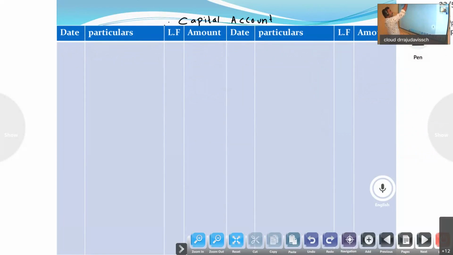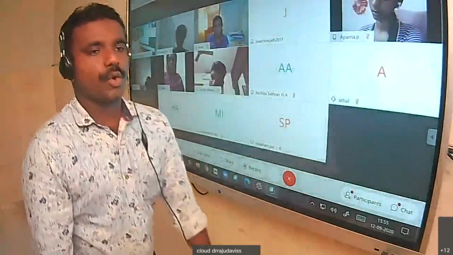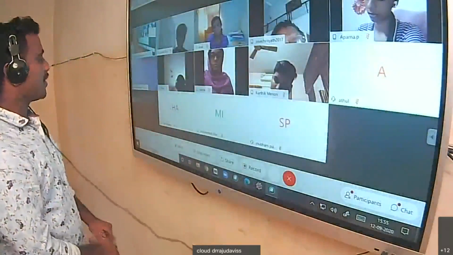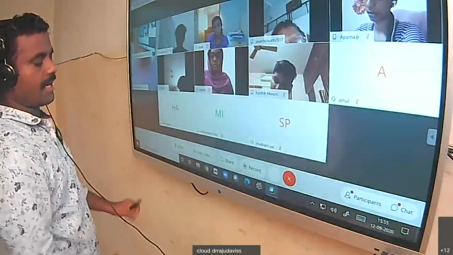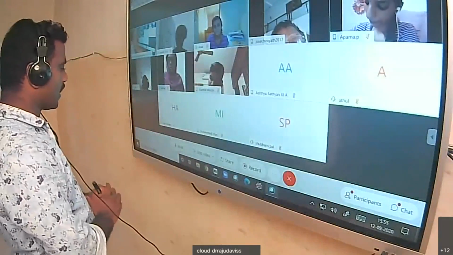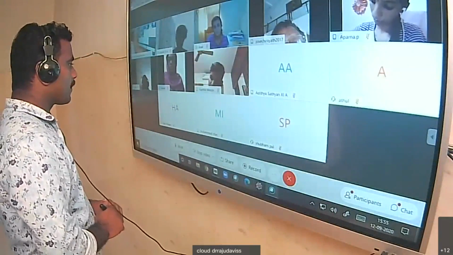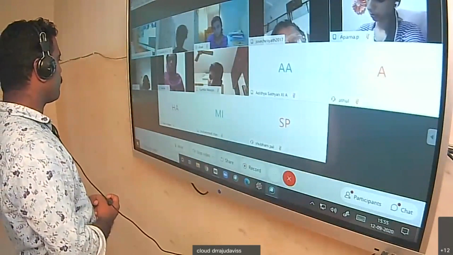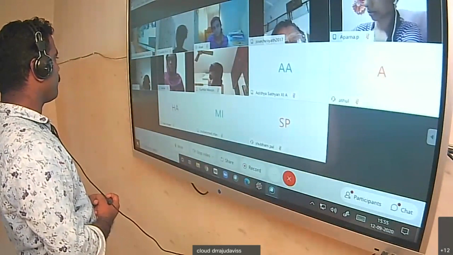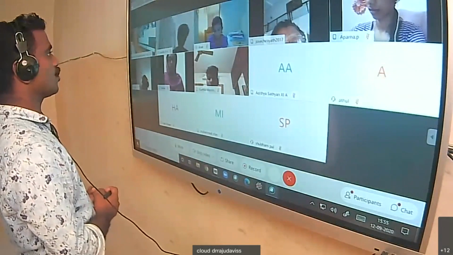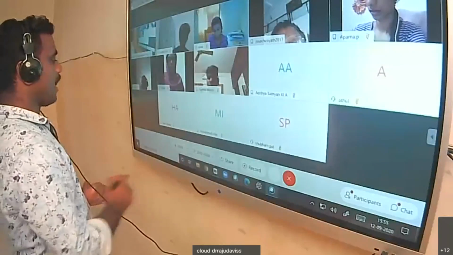So first entry will be cash account debit, goods account debit to capital. And where I have to write the transaction in capital account, whether capital account is debit or credit? Credit. So on the credit side what I have to write? By cash.